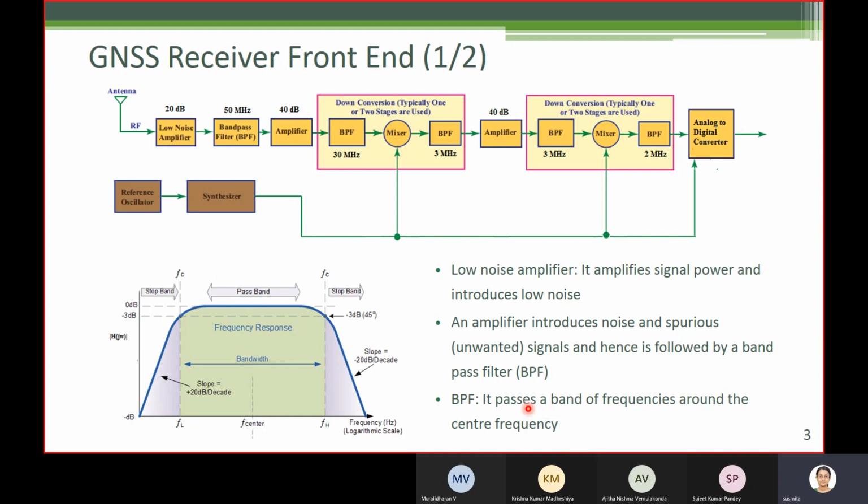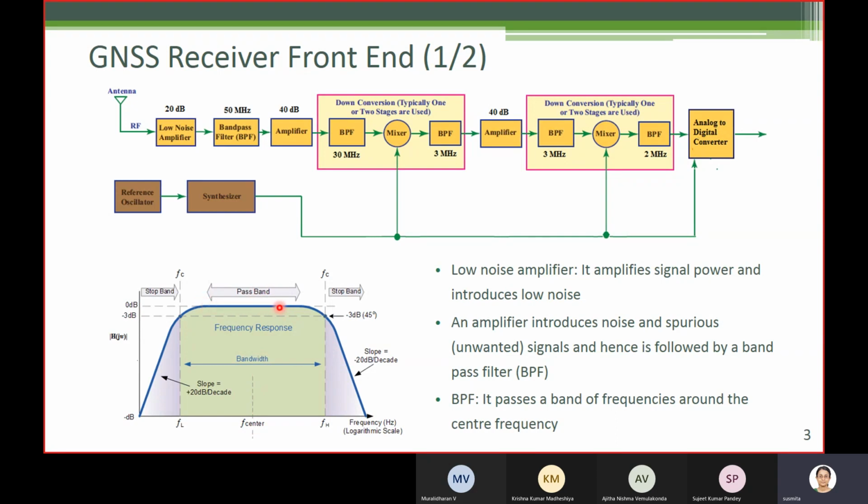Now, what is a band pass filter? Here we see band pass filters. BPF, BPF, BPF, BPF, BPF. In case you do not know, a band pass filter passes a band of frequencies around the center frequency. Here you see the amplitude of the transfer function of the band pass filter. It looks like this. So this is the center frequency.